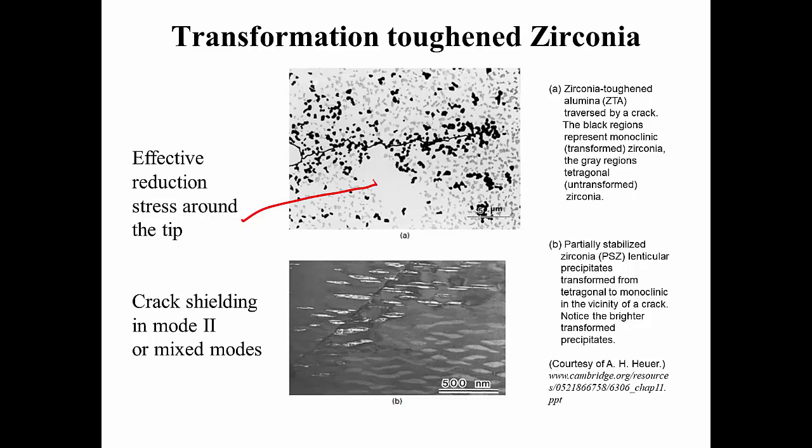So in those cases, you see microstructures that look like this, where the white background is the cubic phase, the gray is the tetragonal untransformed zirconia, and the black is the monoclinic transformed zirconia. And you will see that the transformation is happening around a process zone, if you wish, around the crack that propagates.